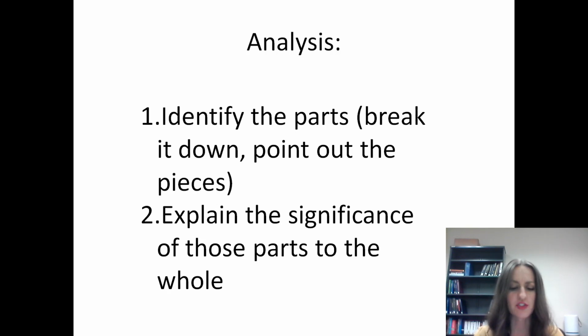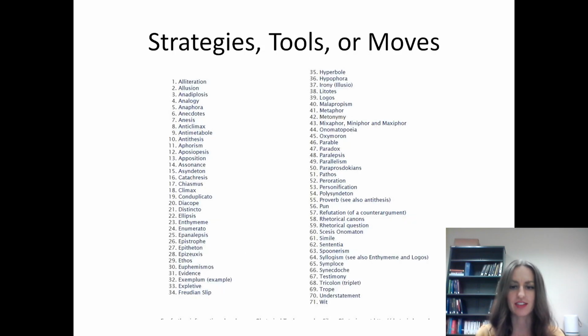So there are hundreds, possibly even thousands, of named rhetorical strategies or tools or moves. Scholars back in Shakespeare's day, oh here, look, see, I've got a list here. This is just 71 from a top Google search. There are really hundreds more.